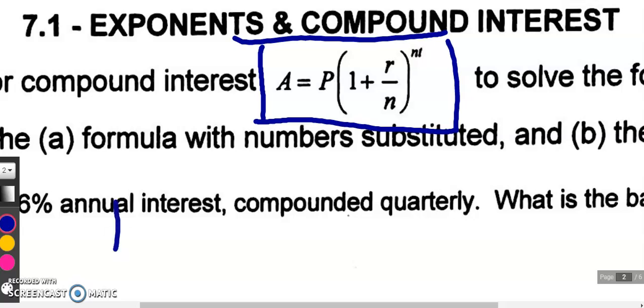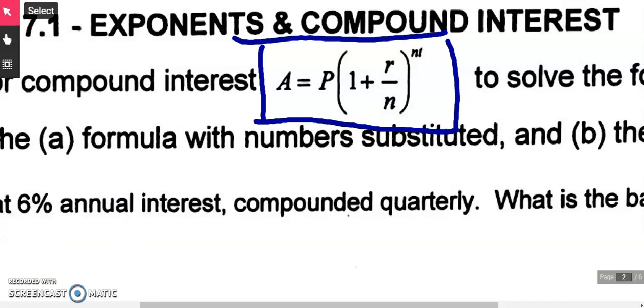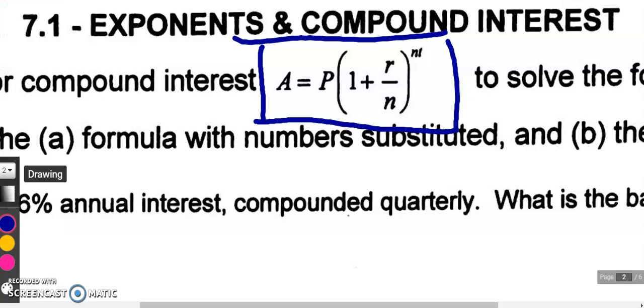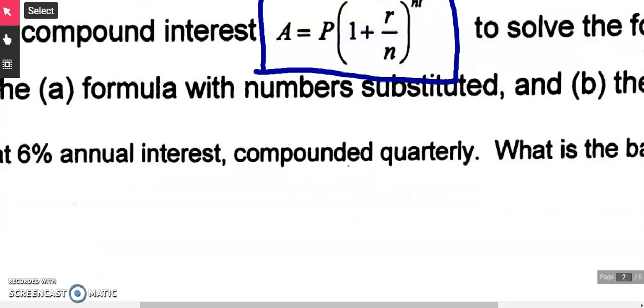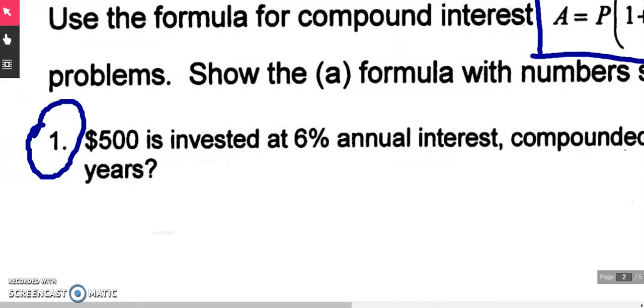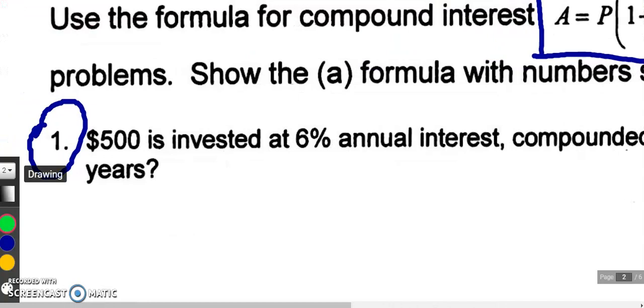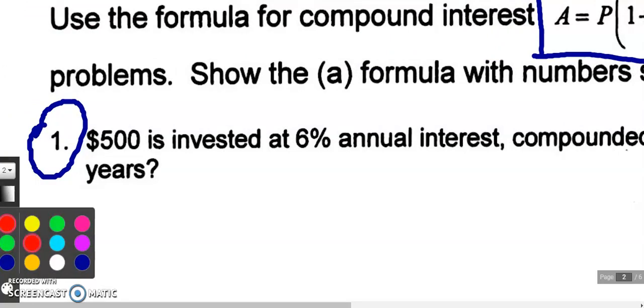So that N represents the number of times that we compound each year. So as I'm reading the question, I'm going to treat it just like the ones we had done before. So we need a starting amount.